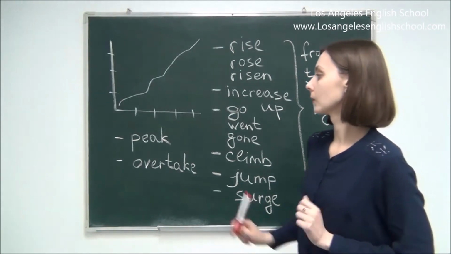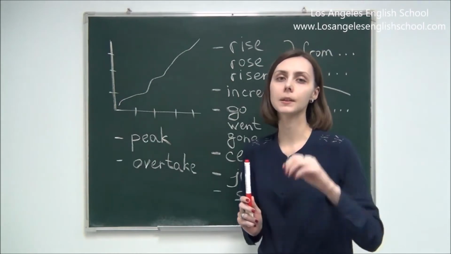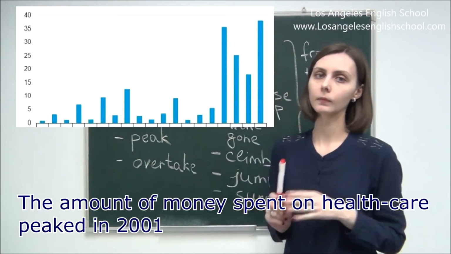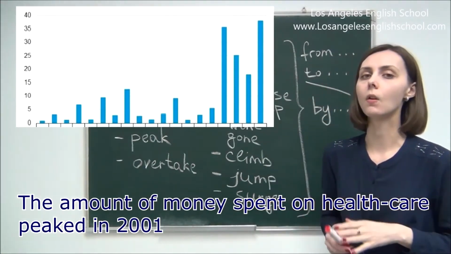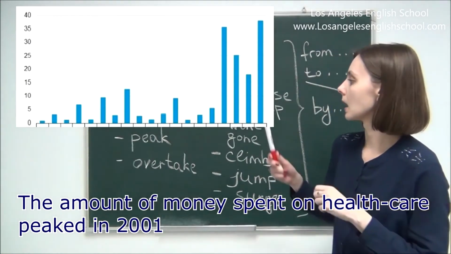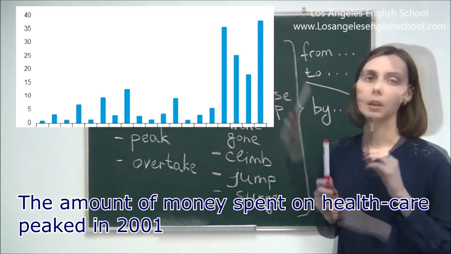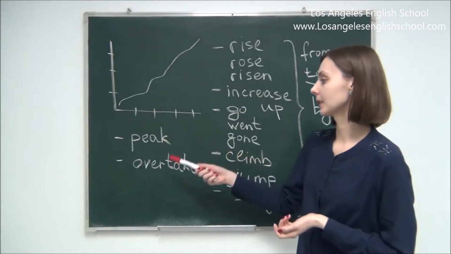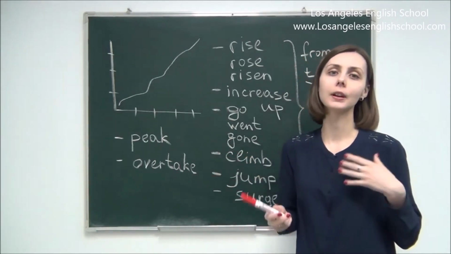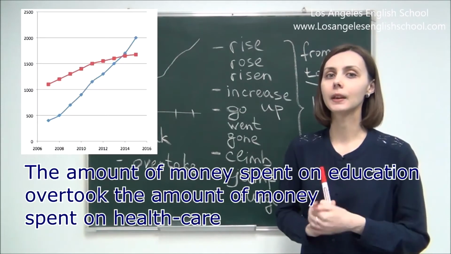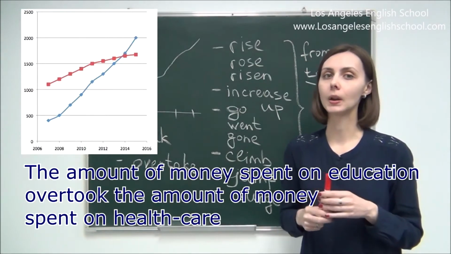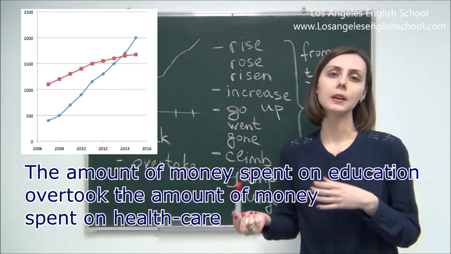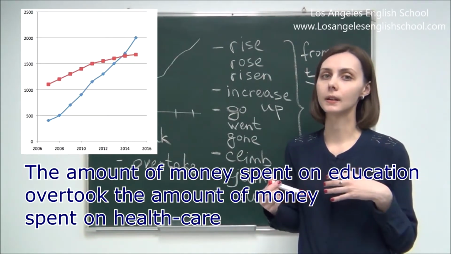You also can use the verb peak. Peak is to reach the highest level. For example, the amount of money spent on healthcare peaked in 2001. Also, you can use the verb overtake if you compare two different things. For example, the amount of money spent on education overtook the amount of money spent on healthcare.